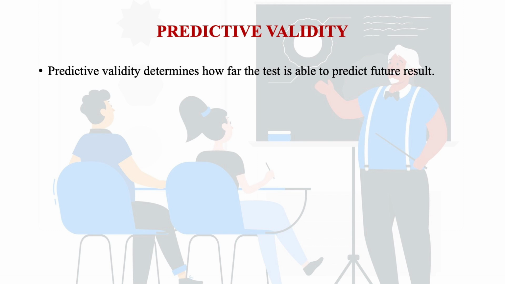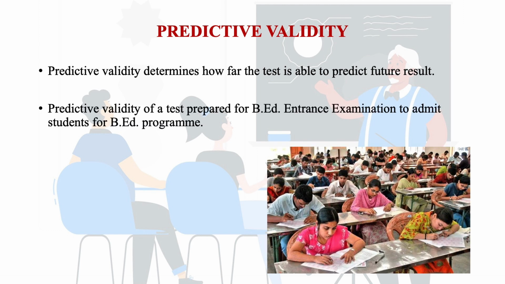So how do you establish the predictive validity of a tool? We will discuss it with one example. Predictive validity determines how far the test is able to predict the future result or the future performances. Consider the predictive validity of a test prepared for B.Ed examination to admit students for a B.Ed program.